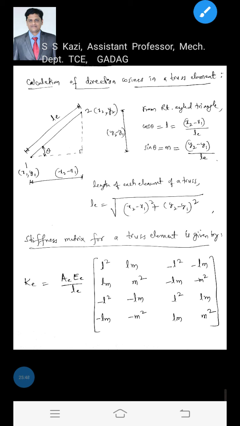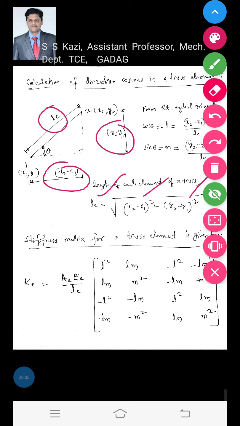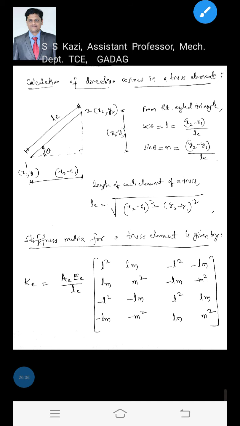So LE square is equal to x2 minus x1 whole square plus y2 minus y1 whole square. Then LE is equal to the square root of x2 minus x1 whole square plus y2 minus y1 whole square. The length of each element of a truss structure can be calculated by using this formula.